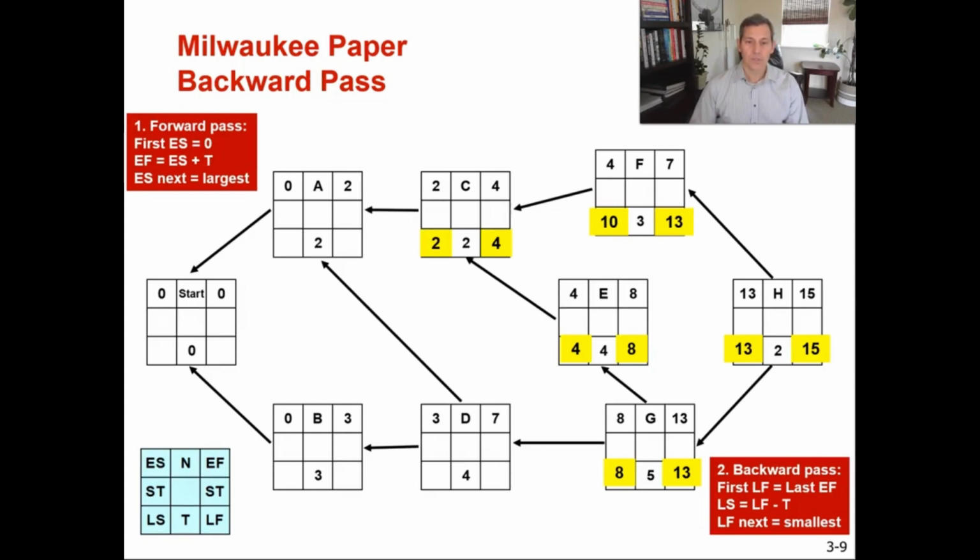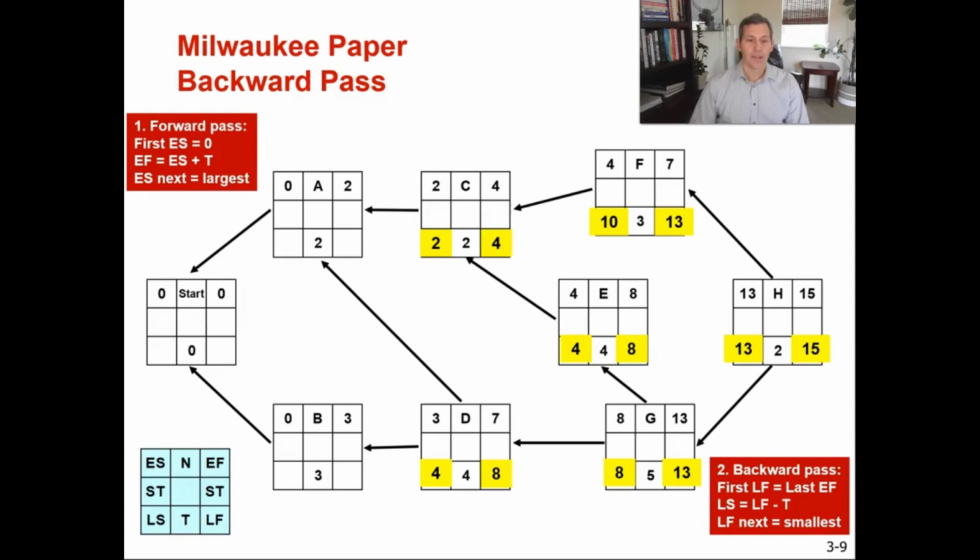Now let's go to D. D only has one immediate successor. So you pick the LF of 8. D has a 4-week duration, so 8 minus 4 equals 4. Now let's go to A. A has 2 immediate successors.